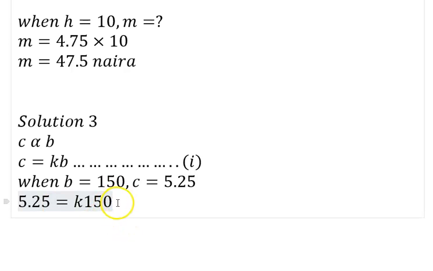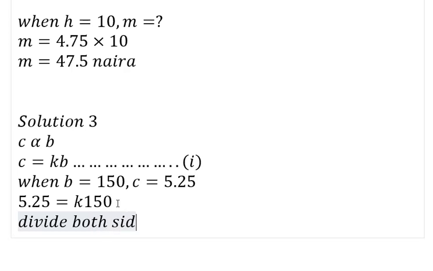Awesome. So what we now do is to divide both sides by 150 because we want to get the value of K. So you divide both sides by what? 150. Let's get a template.